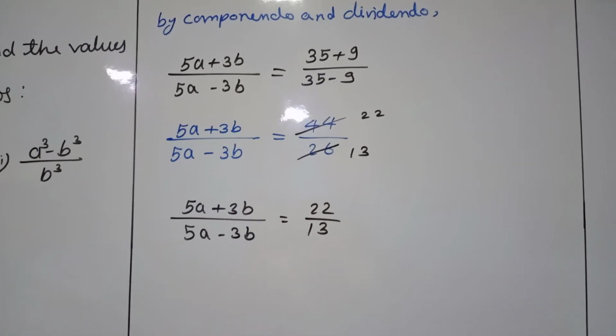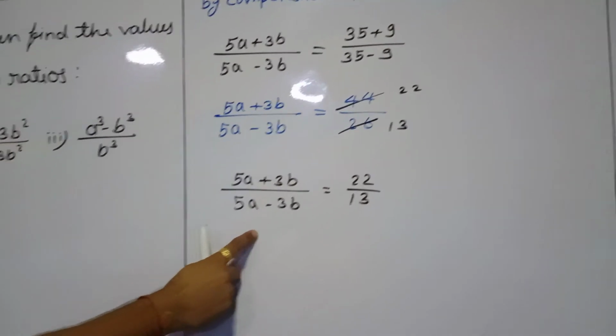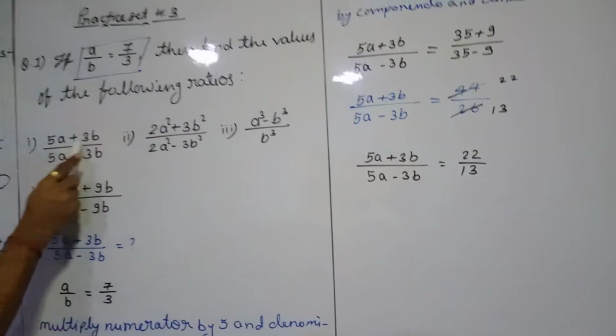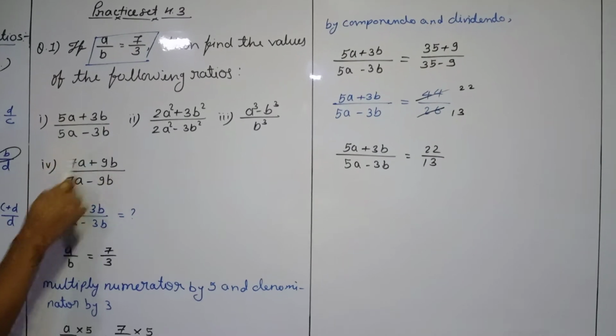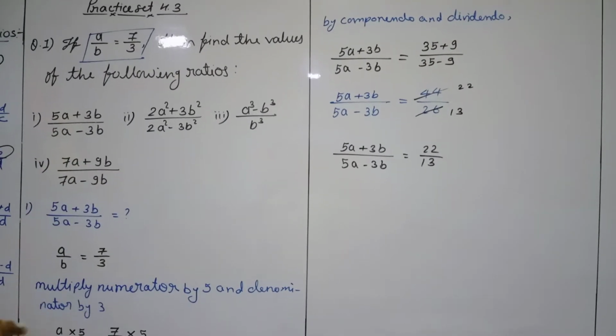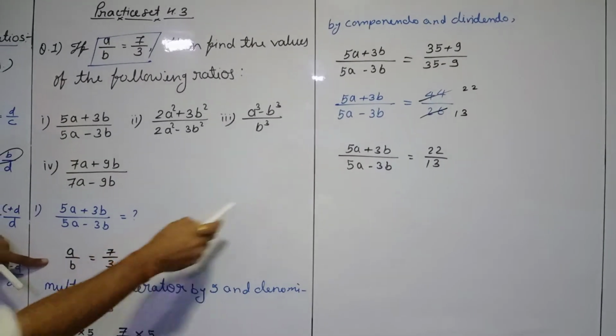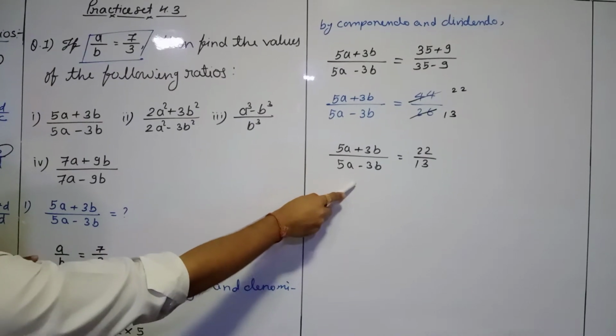Just see and compare the sums. Here we have 5A plus 3B upon 5A minus 3B, and the given ratio A upon B, we converted into the same form as the question.